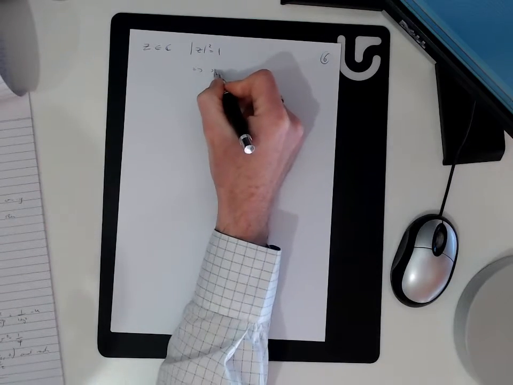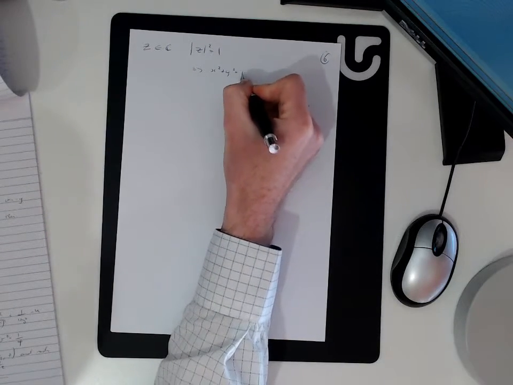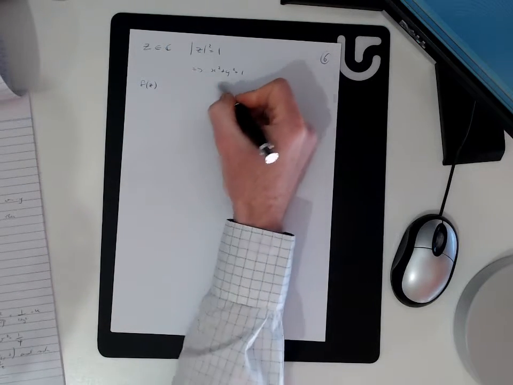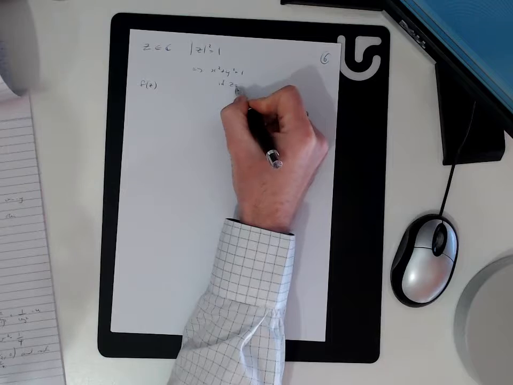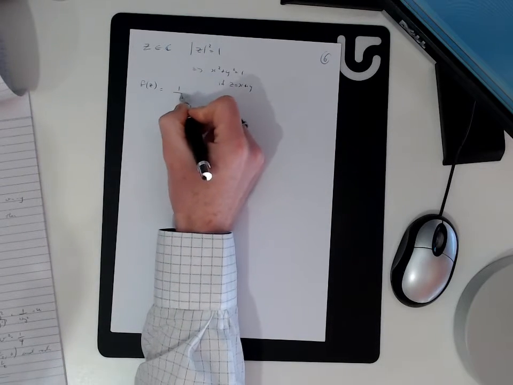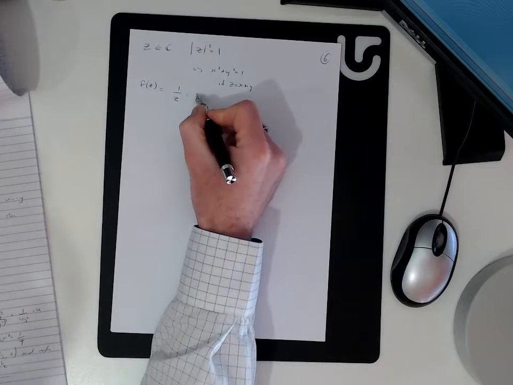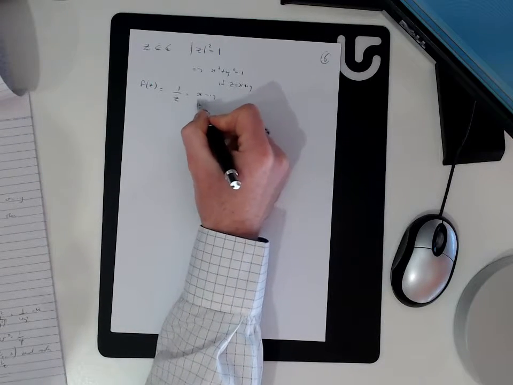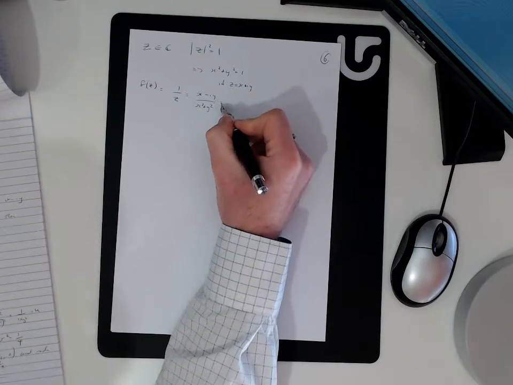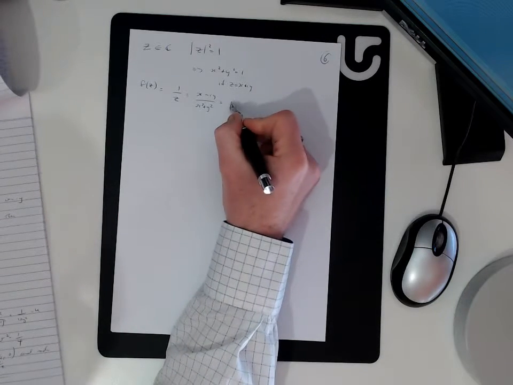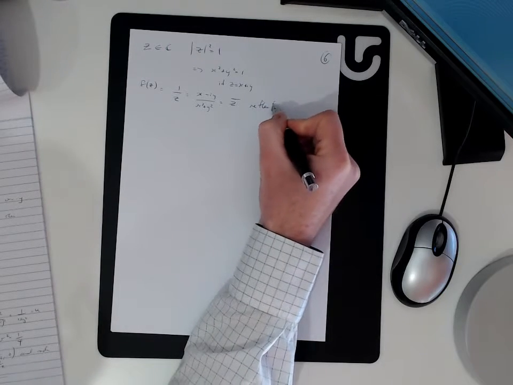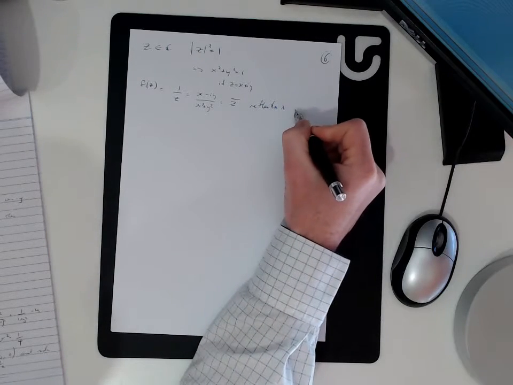That's the same as saying that x squared plus y squared equals 1. And f of z is equal to 1 over z, which we know is x minus iy over x squared plus y squared, and we know that that is equal to 1, so this is z bar, and we know that that is reflection in the real line.